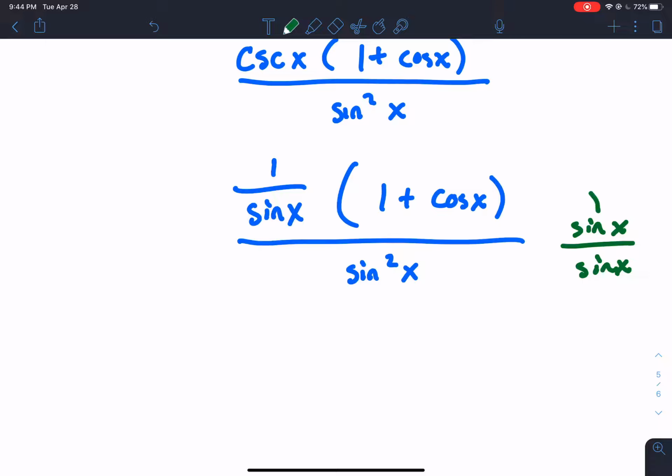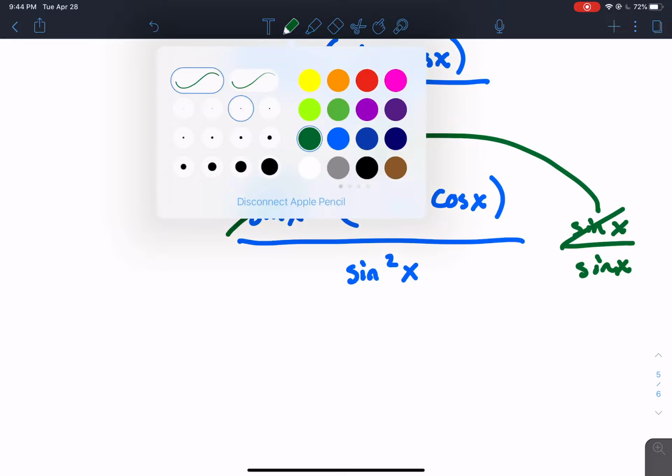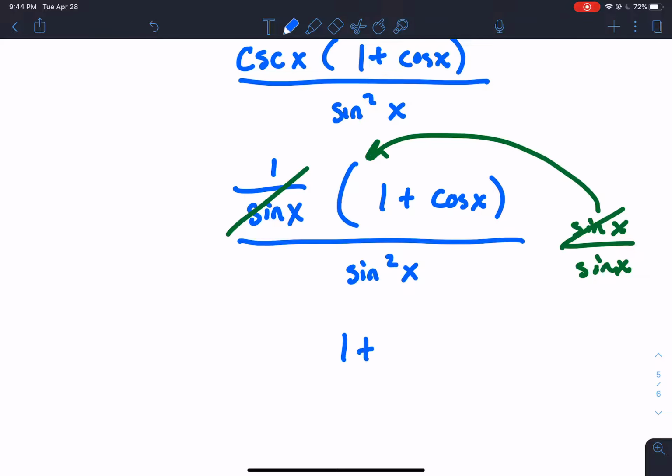And when you do that, technically you only have one term in the top, right? It's 1 plus cosine over sine. When you multiply it by sine, it's going to cancel the 1 over sine. And then you got 1 plus cosine of x over sine cubed.